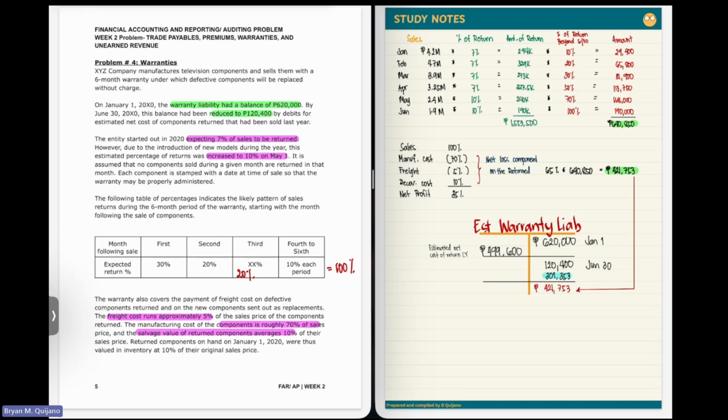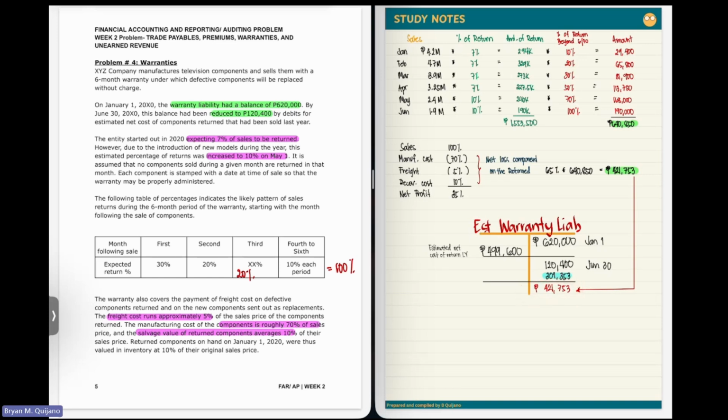But since we have the recoverable cost of 10%, we will offset it to the 75%. That's how we get the 65% here. Meaning from 640,850, 65% will be the required estimated warranty liability. So we have here the 421,753.